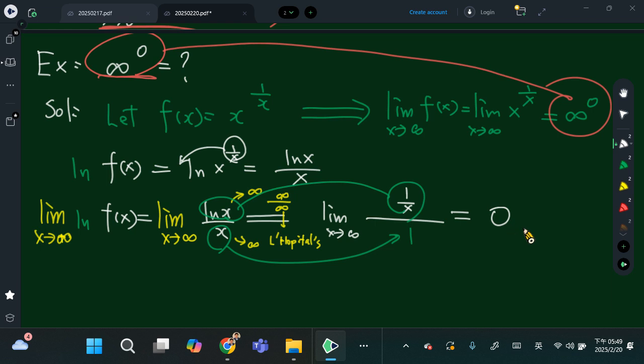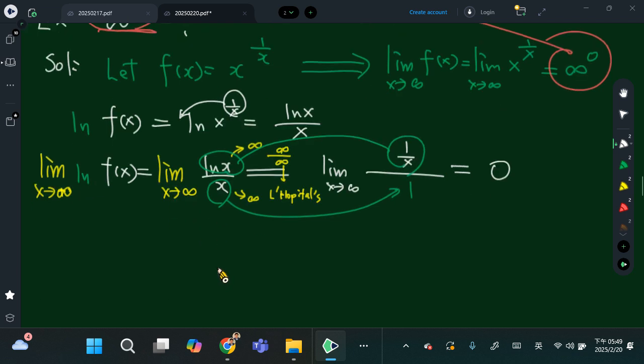Please do not stop here, because at this moment you just have the limit of ln f of x. Our main goal is to get the limit as x approaches positive infinity of f of x. This is our final goal. So how can we get back?